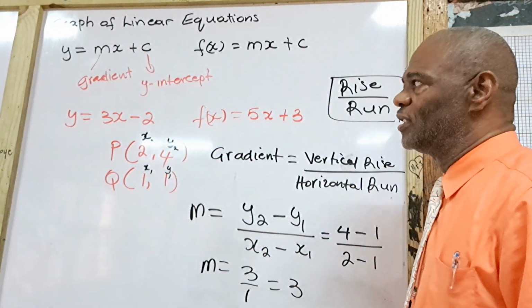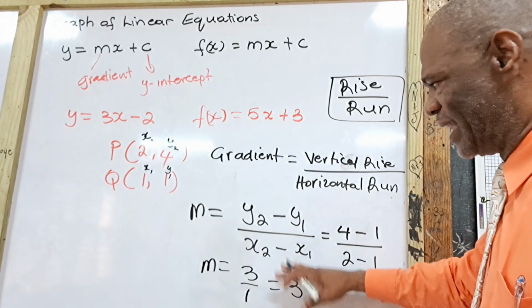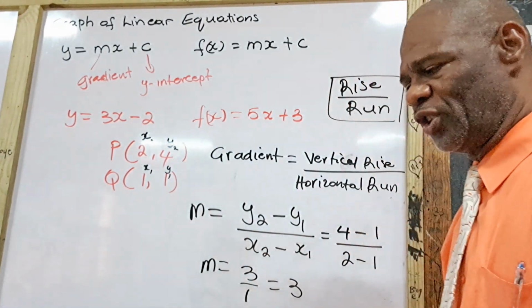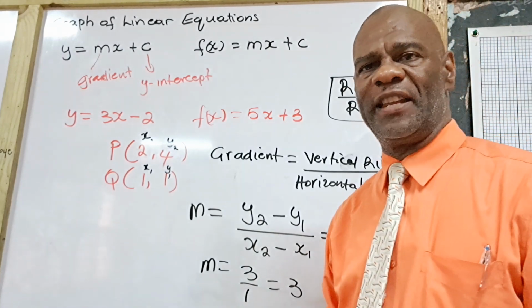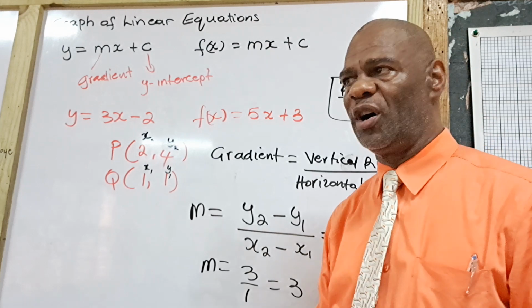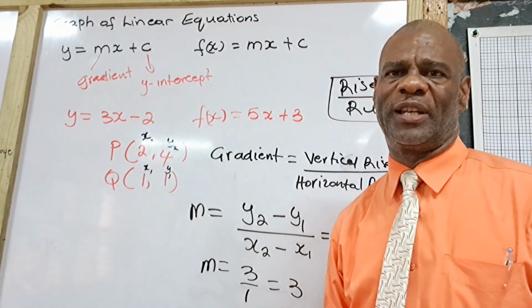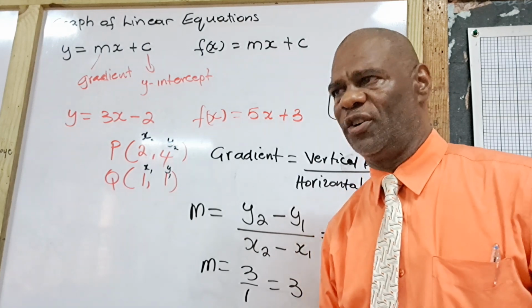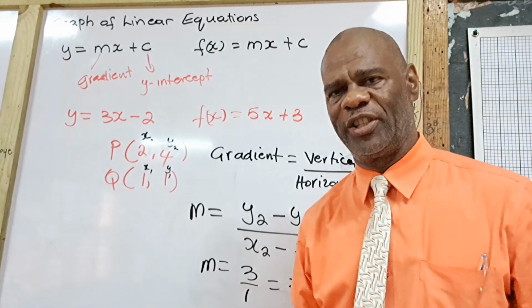So remember, this is what we do to find the gradient of the line. Alright? Okay, so we'll look at how we draw the straight line graph in our next session.